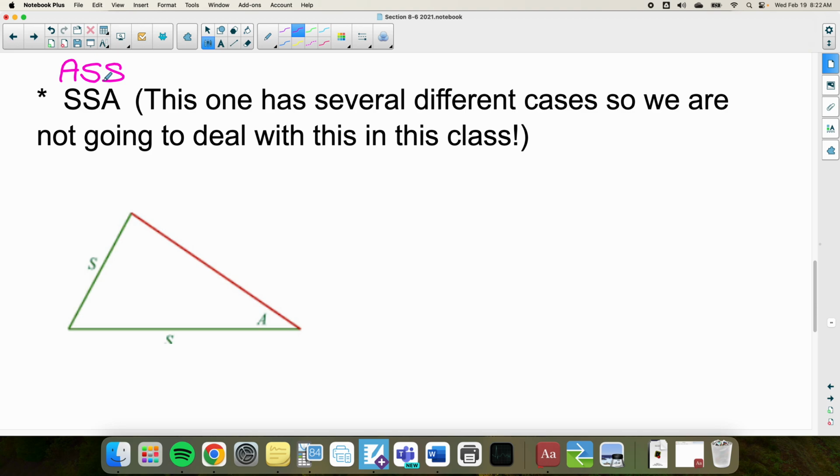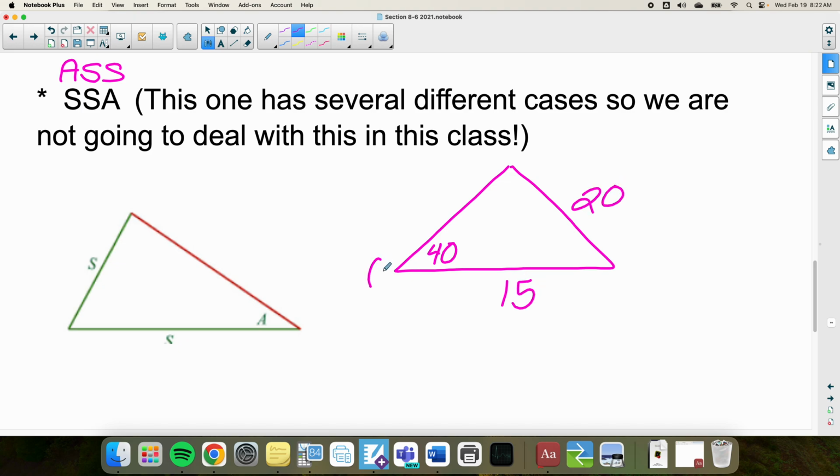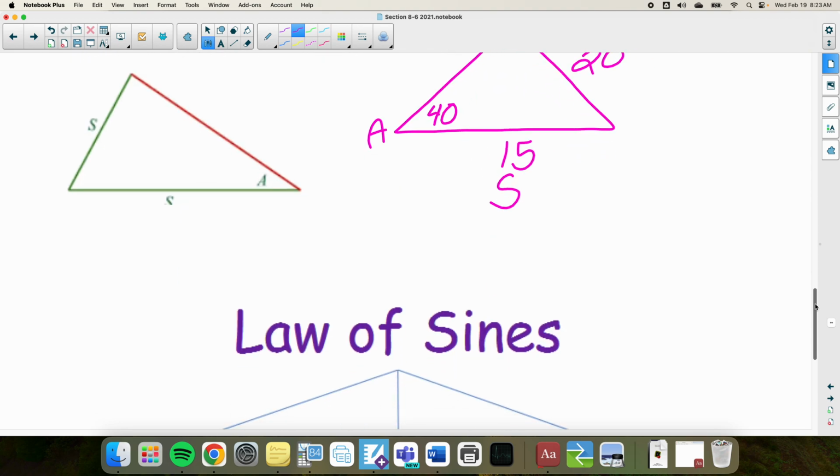So with law of sines, if you were ever given an angle, so say this was 40, and then you're given 2 sides in a row. So this is angle, side, side, or like they put it, side, side, angle. That is another time that you can use law of sines, but we don't do that in our class, and this is the reason.